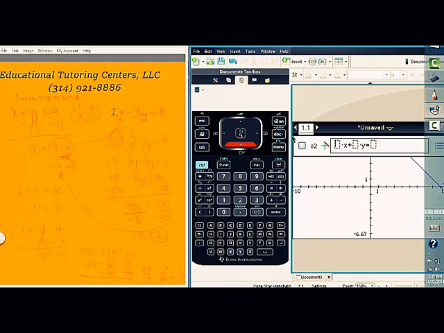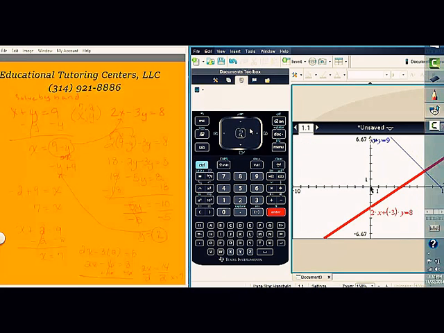And then for my second equation, I am going to enter the negative 3, because it's always the sign that's in front. If there is no sign, it's understood to be positive. So negative 3, and this one's going to be positive. So let me do that. And then I hit enter to show my equations here.